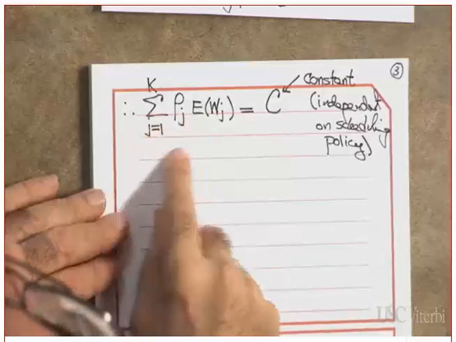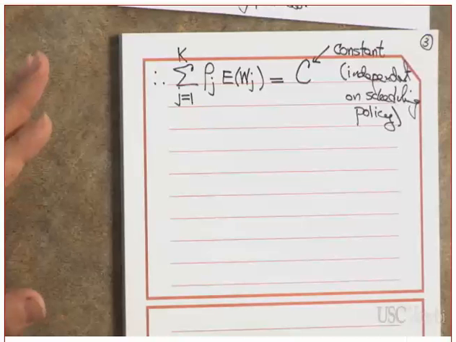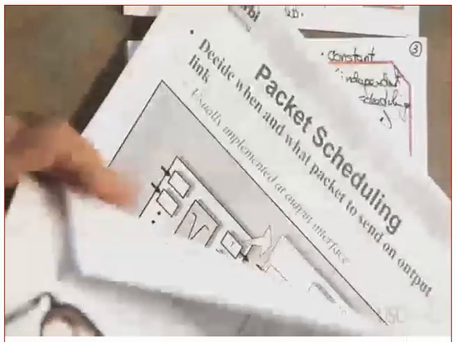We found this earlier. E of W was equal to E of R over rho. Do you remember this equation before? We derived this one before. Yes? This is E of U, and this is E of R, which means this must be equal to the following.